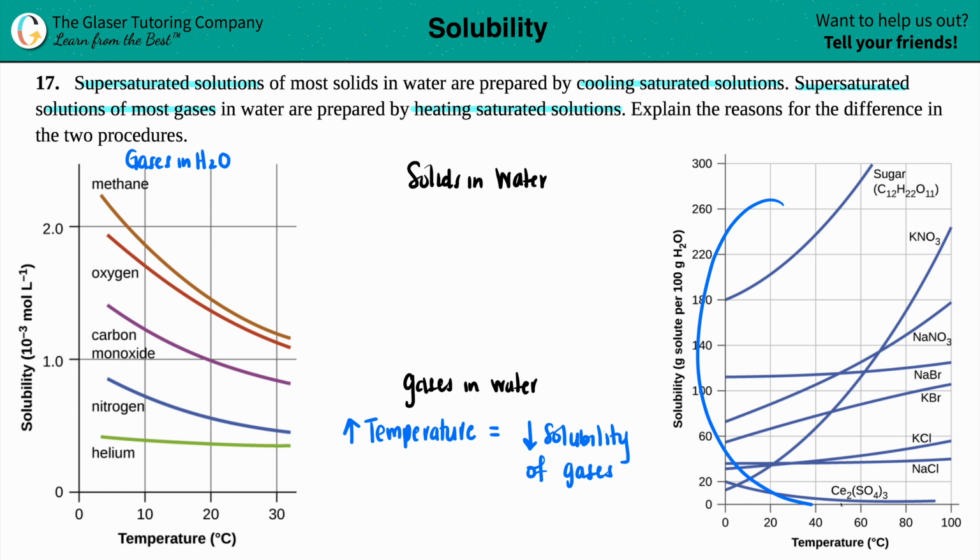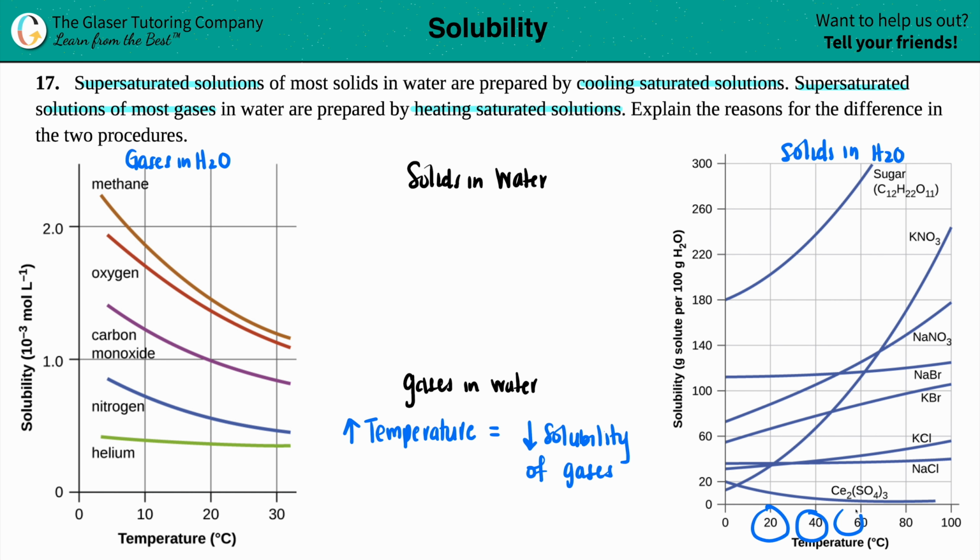Now, if we turn to this chart, which is the solids in the water. And maybe I shouldn't say that this is H2O because we don't really know for certain, because they didn't say, they just gave us a molarity here. But we can assume that since it's gas and water, and water is a liquid, we're good to go. So maybe I'll just put that this is H2O. Now let's make a general trend with solids in water.